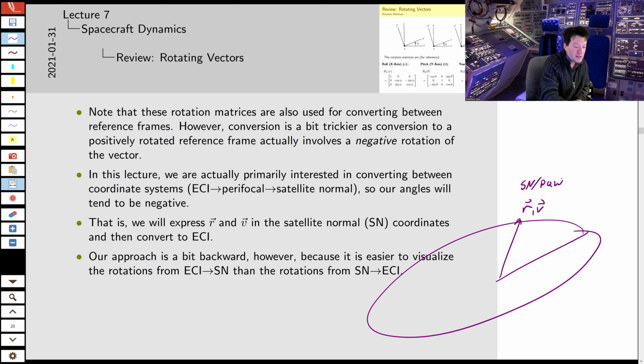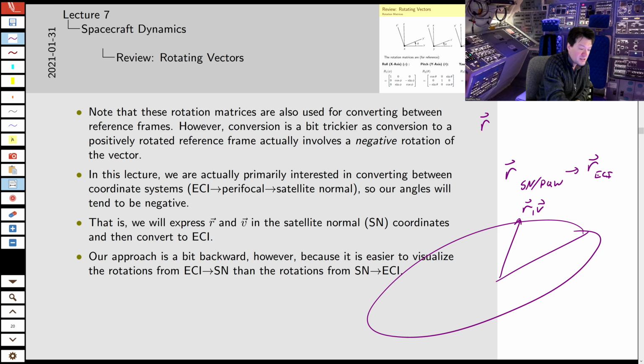So we're going to find r and v in that coordinate system, and then we're going to change the coordinate system to ECI. So we want to find our vector in ECI given the vector in satellite normal.